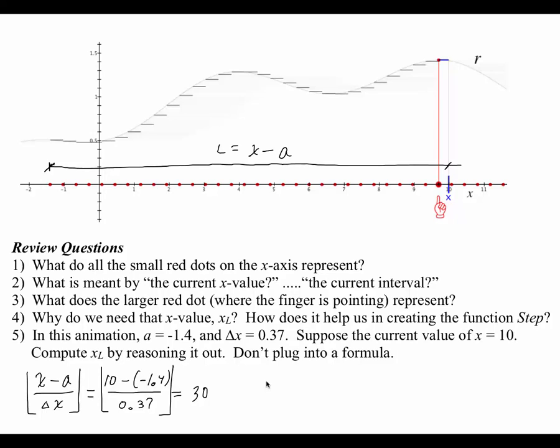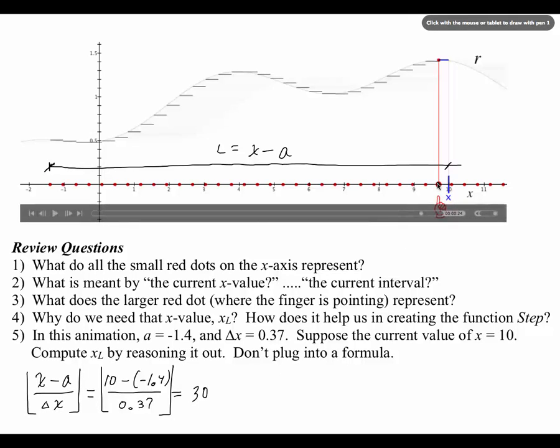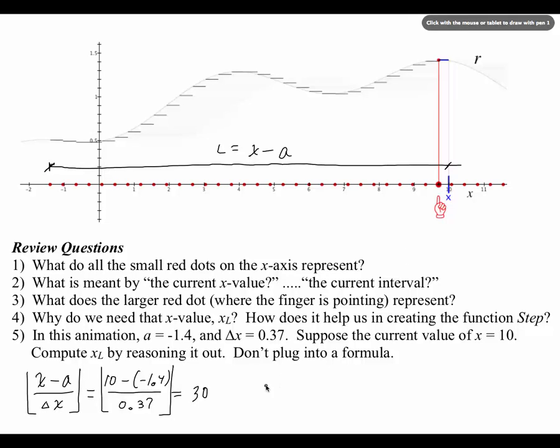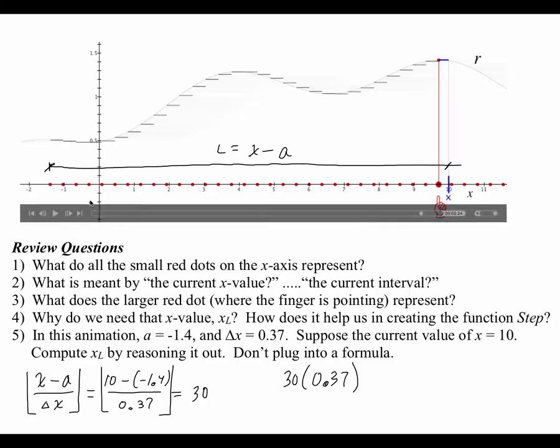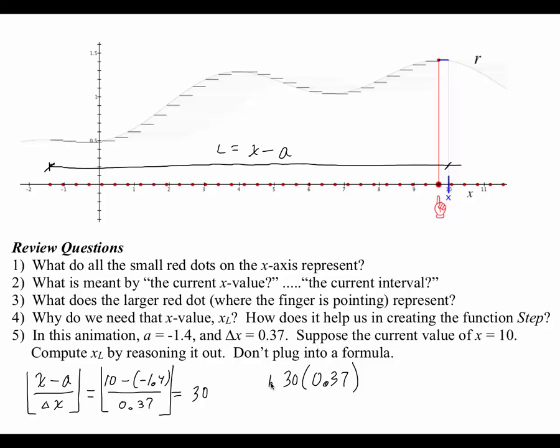We got the number of intervals. What are we going to do? How are we going to get that X value? Well, it's going to be 30 times, how wide is each interval? 0.37. But it's like we're shifted back 1.4, right? So we're going to add A to that, add negative 1.4. Starting at negative 1.4, add 30 intervals of width 0.37.